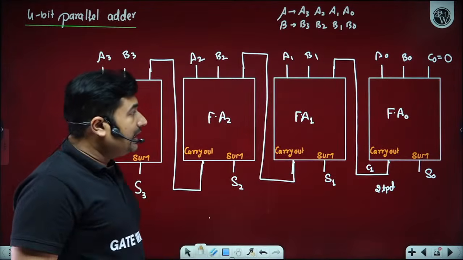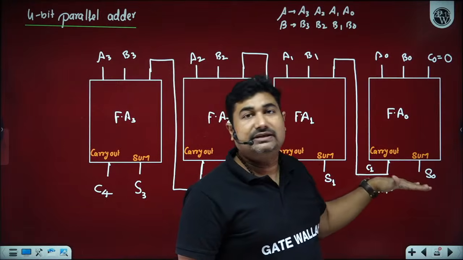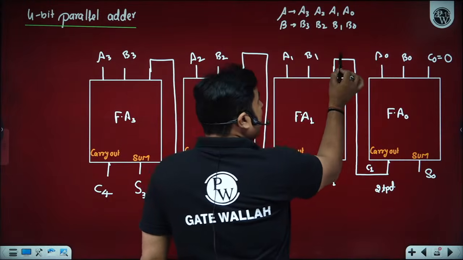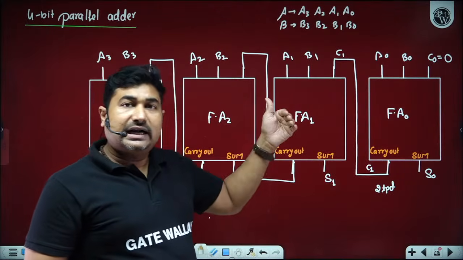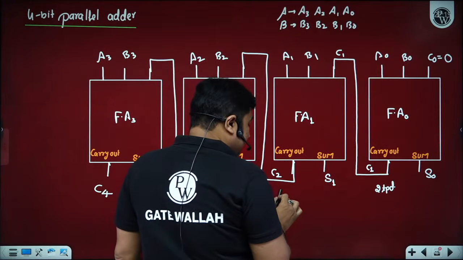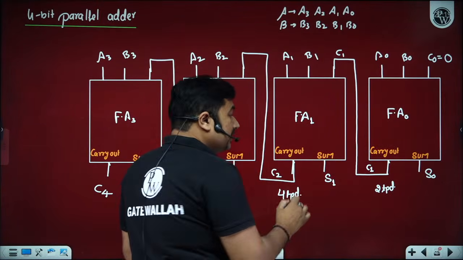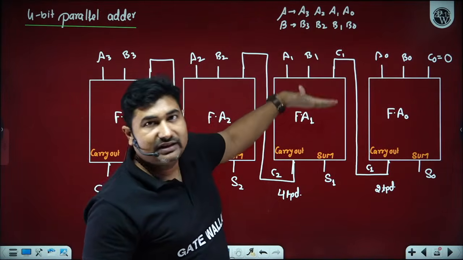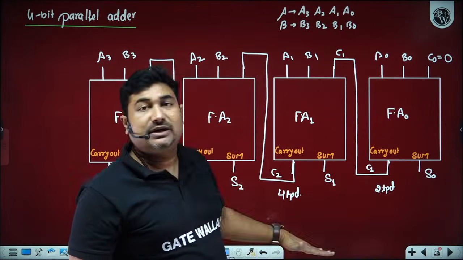It takes 2 TPD time to generate carry C1. Once C1 is generated, only then are all the inputs valid at the input of full adder 1. Now full adder 1 again takes 2 TPD to generate carry C2. So C2 is generated 4 TPD from the start.